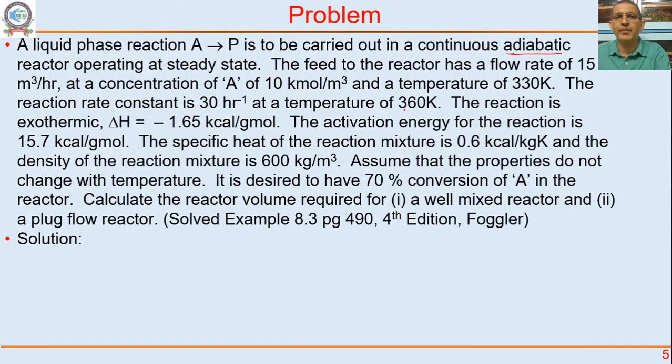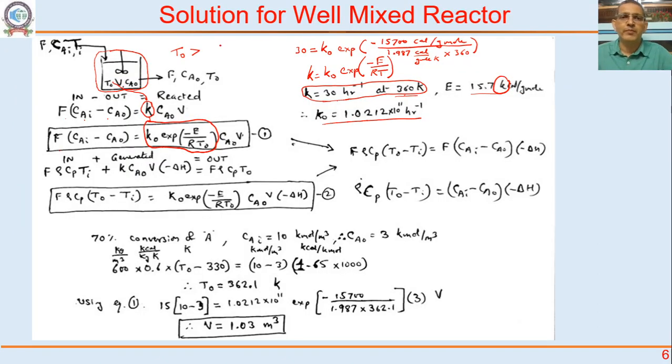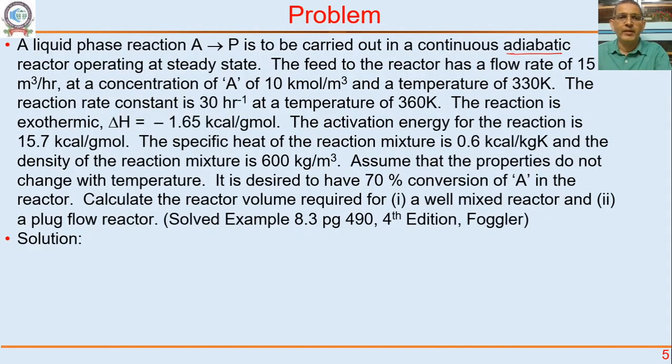It is fed at a temperature of 330 Kelvin. So T out is going to be greater than Ti. Ti is 330 Kelvin. That means T0 is going to be more than 330 Kelvin. It may be 360, it may be 365, it may be 362, it may be 340, it may be 390. That depends on this heat of reaction, delta H.